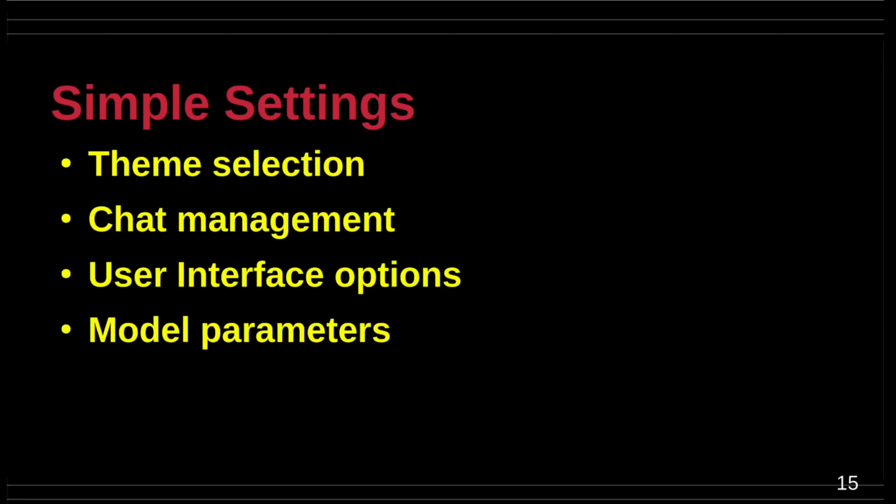The save and load buttons, as the names imply, save the current chat and allow you to select previously saved chats. These settings do not require prior AI experience. They provide immediate, noticeable changes to the interface or model behavior.